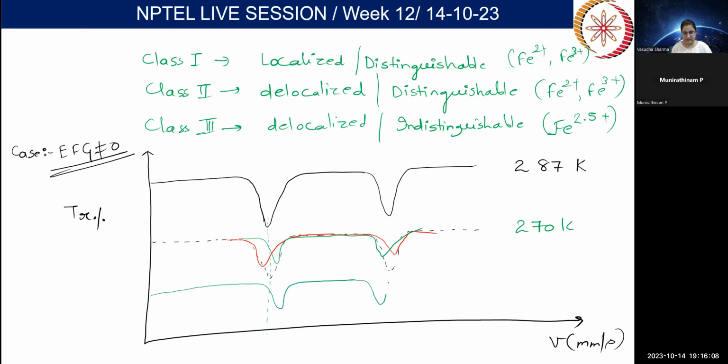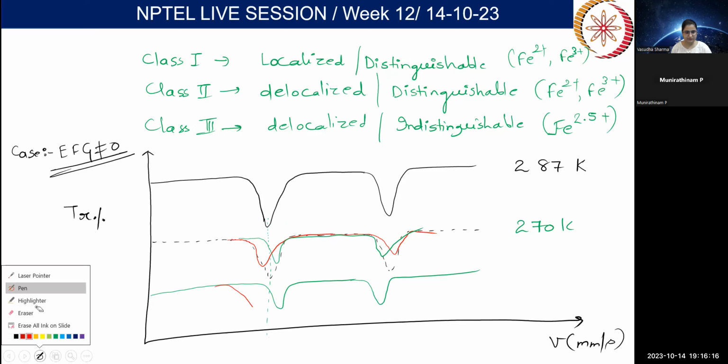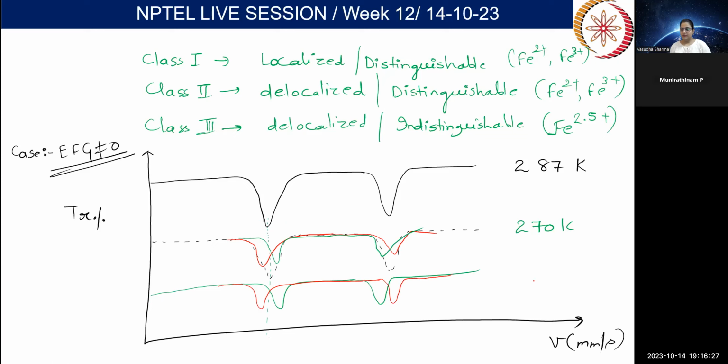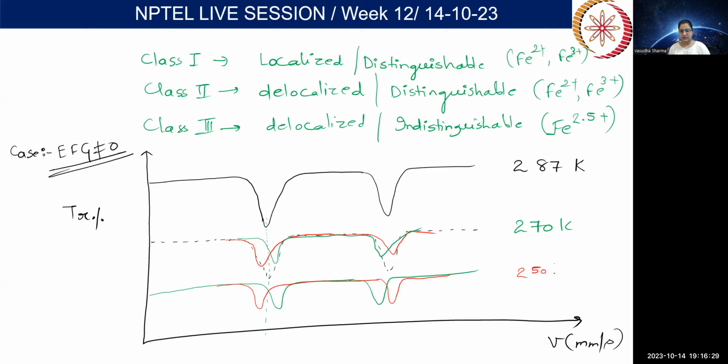So we can see these green and red ones only. Now at 250 Kelvin, the black trace is removed already.